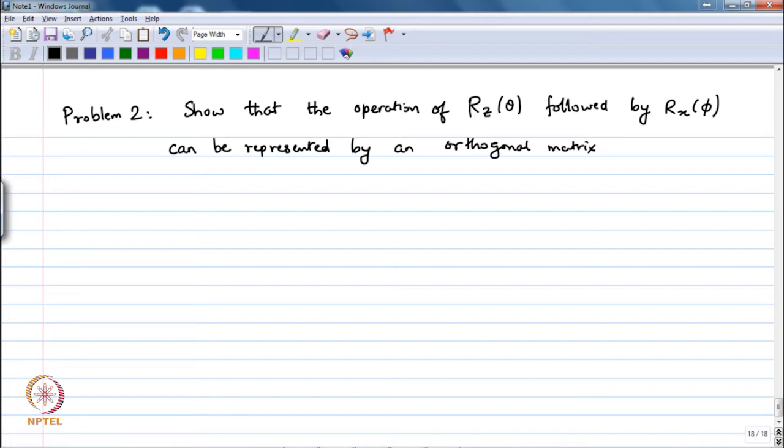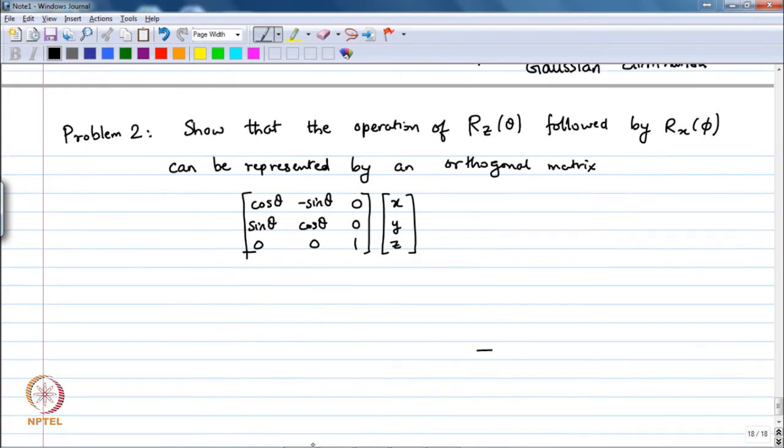So you have a vector x y z. You operate on it by R z of theta. R z of theta is cos theta, minus sin theta, 0; sin theta, cos theta, 0; 0, 0, 1, and you operate on this vector.